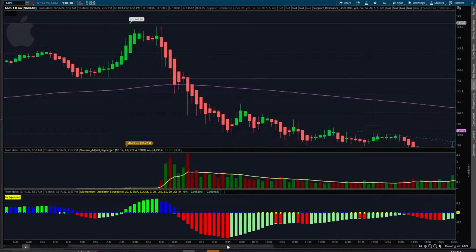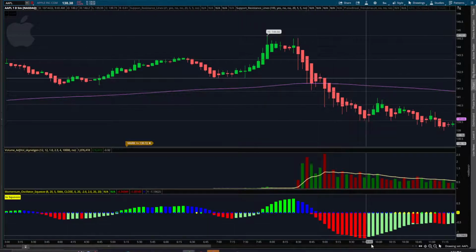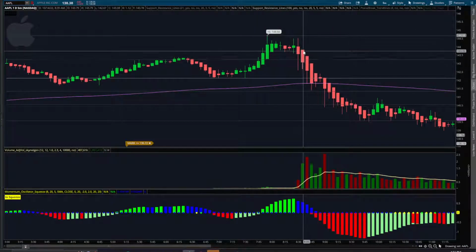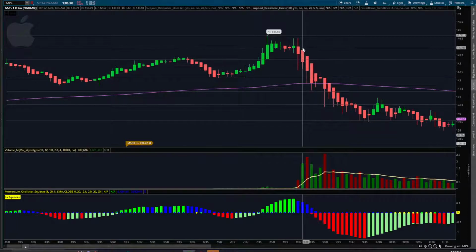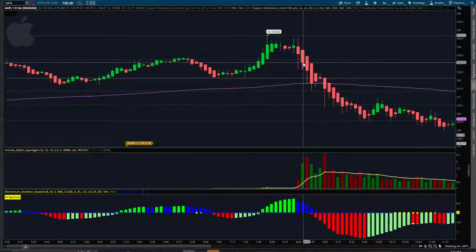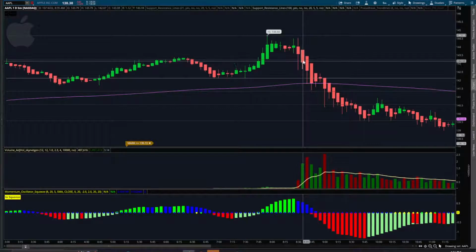All right, guys, so that's basically it. That's how we use the flat tops and flat bottoms. Hopefully it's beneficial to you. Again, when we get this first flat top, we have our chart with the contracts, right? Let's say the contract price on Apple is a call that's maybe between $1 and $2.